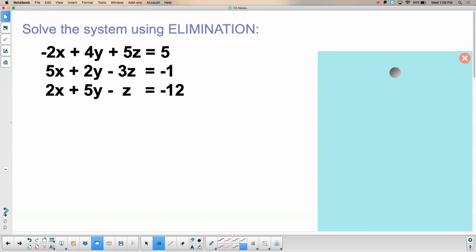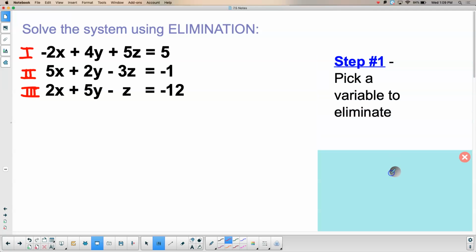Okay? So, still like to label our equations 1, 2, and 3. Now, the first step is we have to pick a variable to eliminate.